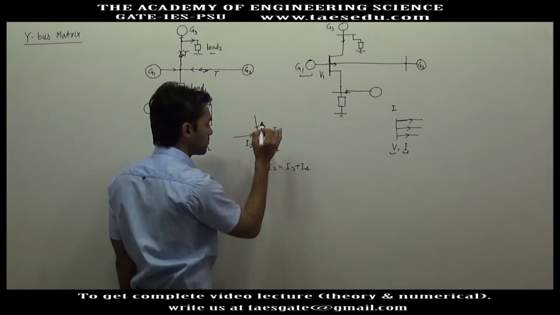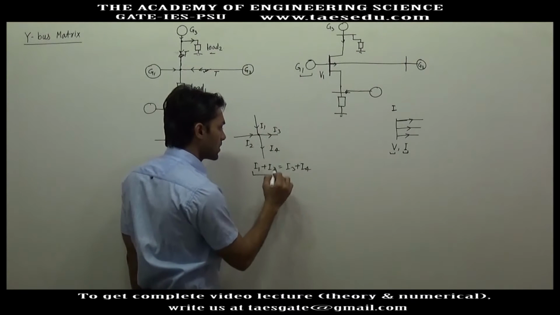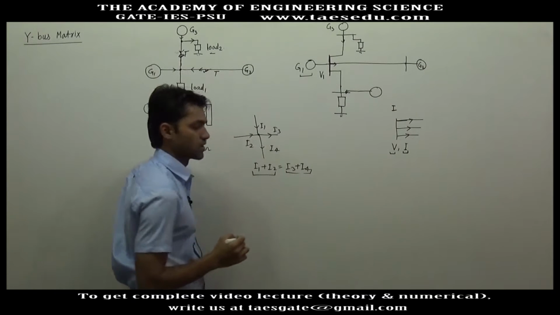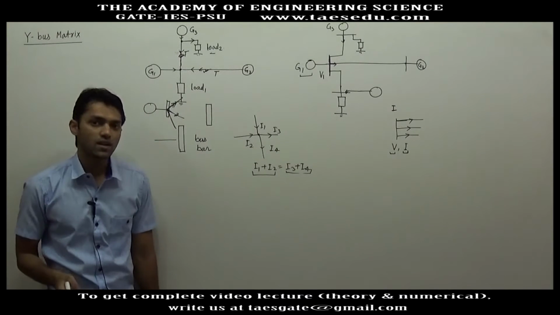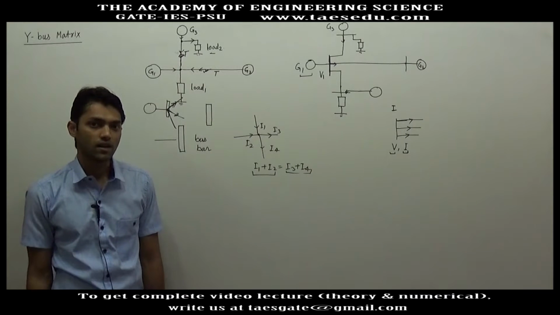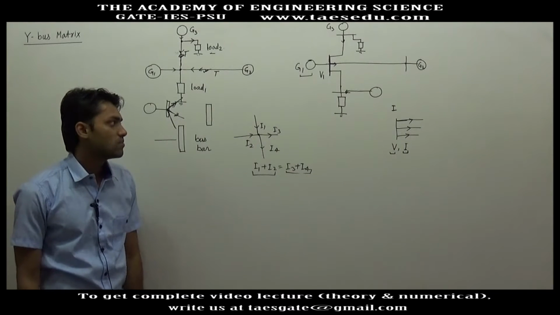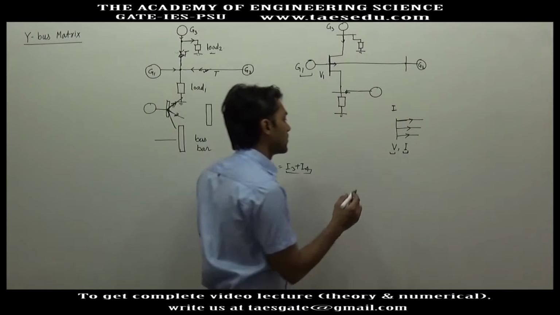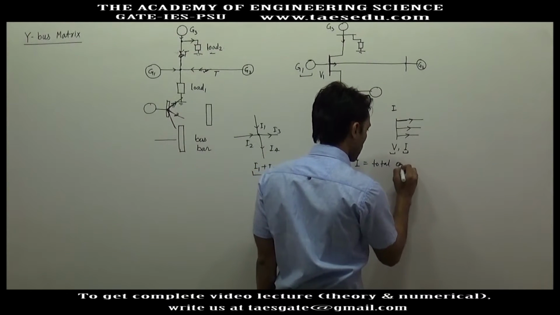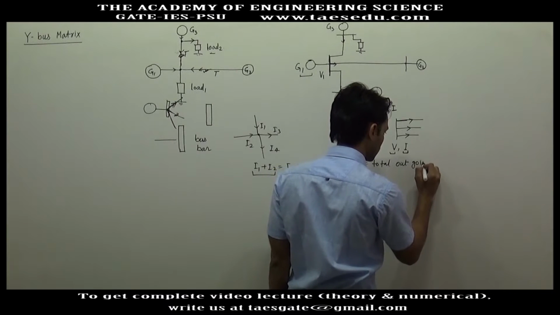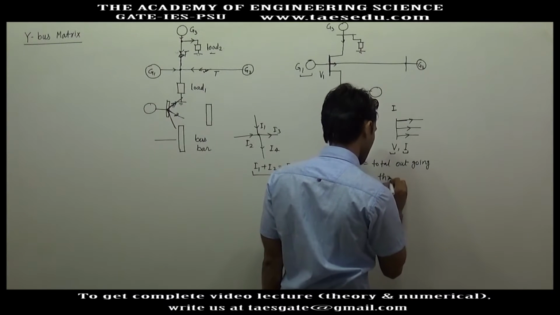So what will be the current through the junction? The total incoming current or the total outgoing current, these two will be equal. So whether I say total incoming current on a bus or total outgoing current through a bus, this will be the same. So we will define the current of a bus as the total outgoing current through a bus.